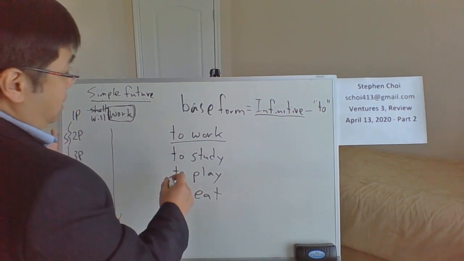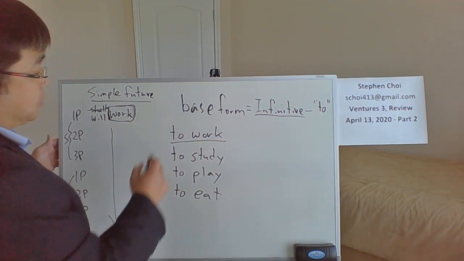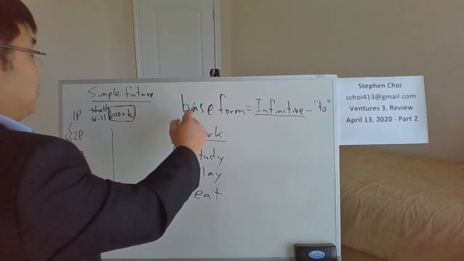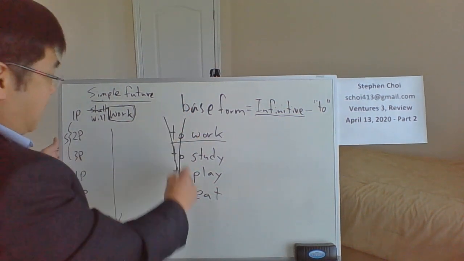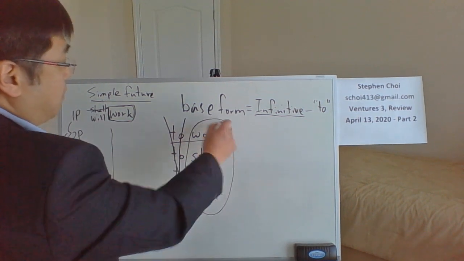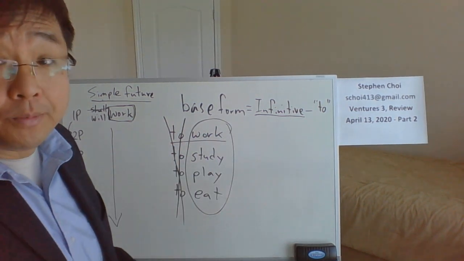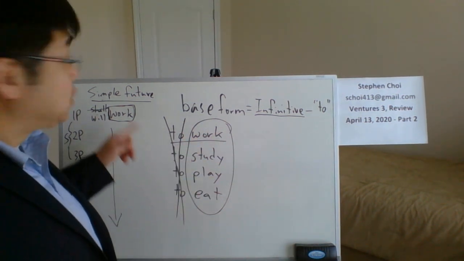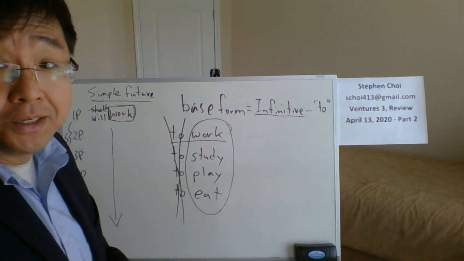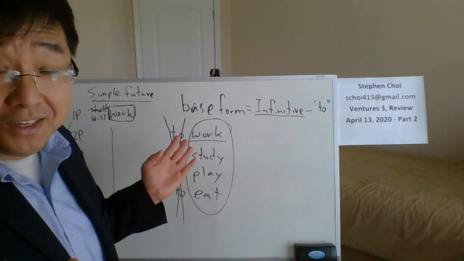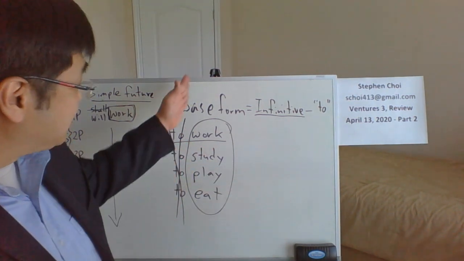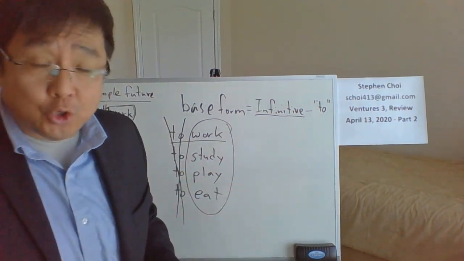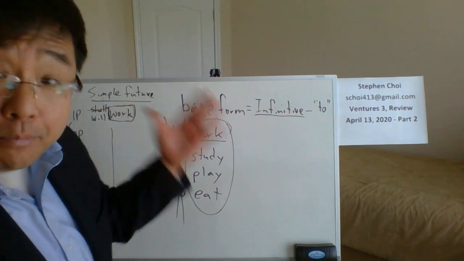So all of these are infinitive forms: to work, to study, to play, to eat, and then if you take out the to, the leftover part, that's the base form of the verb, and that's what we use to make future forms. Very easy. Nothing to really remember. Just use infinitive form minus to. Take out the to from the infinitive form, and you have the base form.